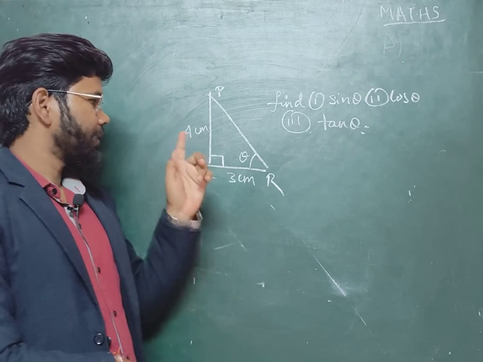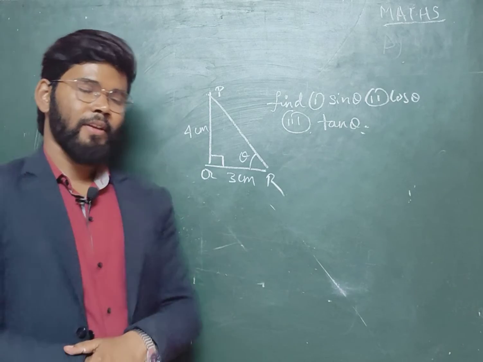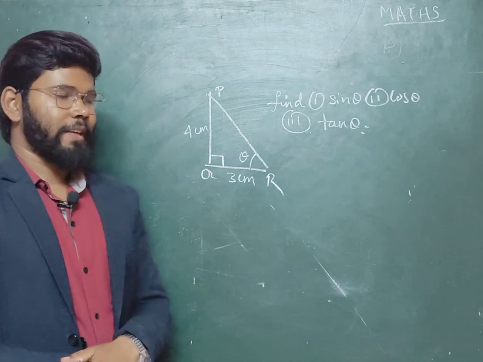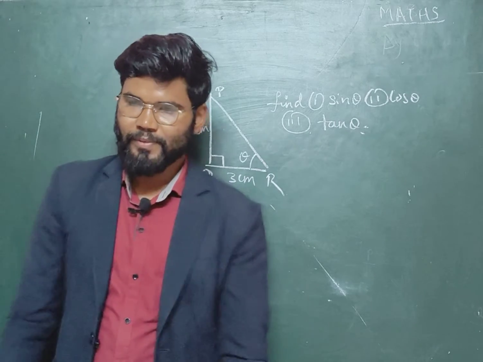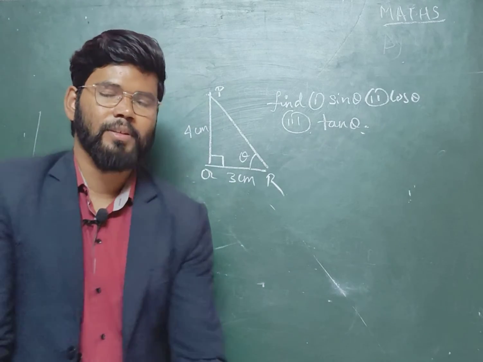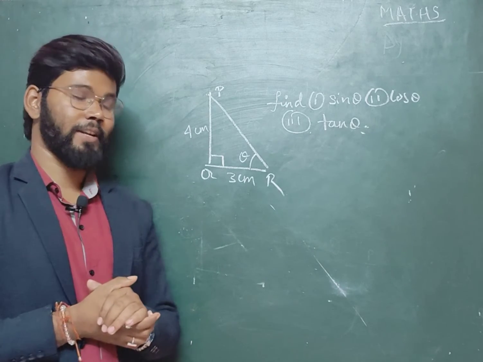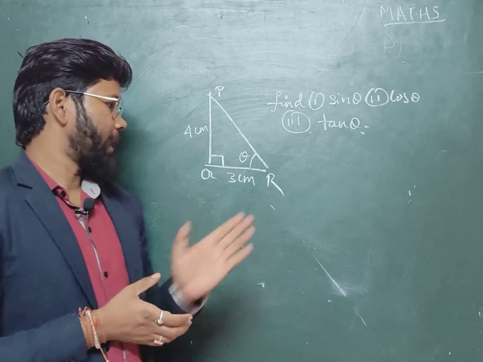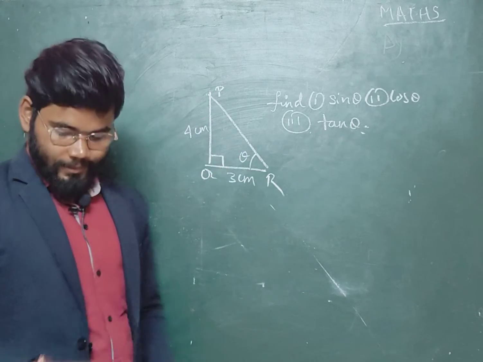So by applying the Pythagoras theorem, which gives the relation between perpendicular, base and hypotenuse in the case of a right angle triangle, we have to find the value of PR.